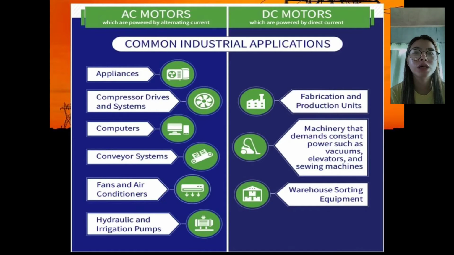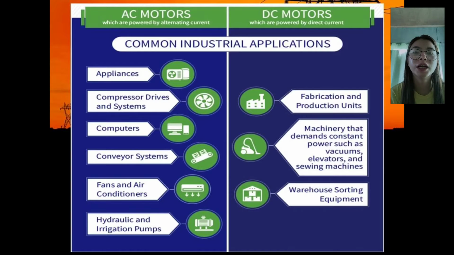Some of the most common industrial applications for AC motors include appliances, compressor drives and systems, computers, conveyor systems, fans, and air conditioners, hydraulic and irrigation pumps, transportation equipment.